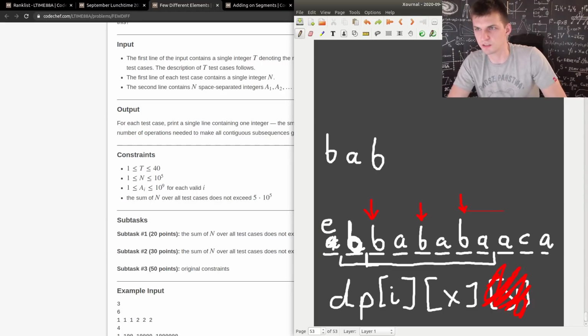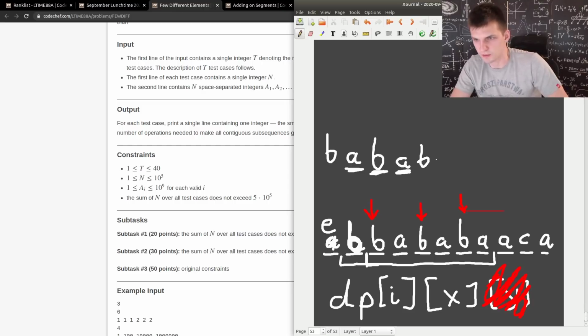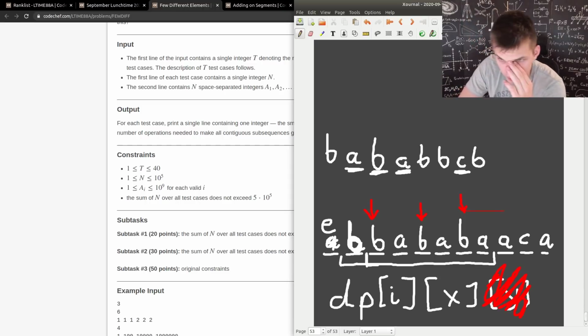Let's say that this is like strong A. If there is A here, it means that this was there from the very beginning. If there is B here, this was there from the very beginning. Now, how can this change? B, C, B, then already this was there from the very beginning.